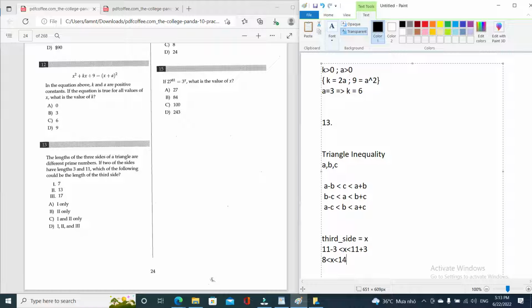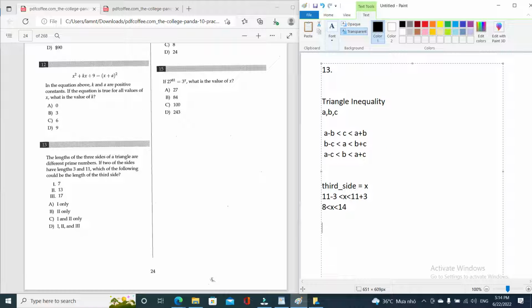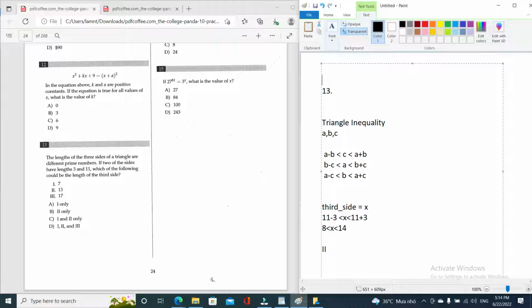So in this case, only number 2 is valid, because 7 is off the range and 17 is also off the range. So I think 13 is B.